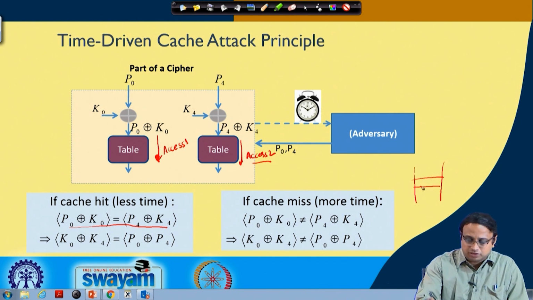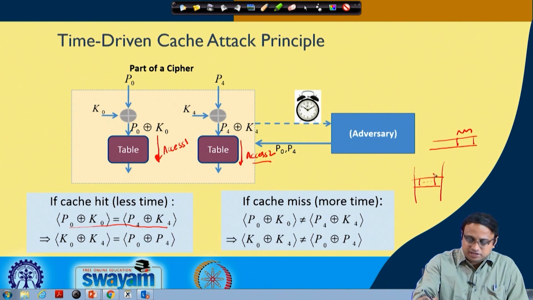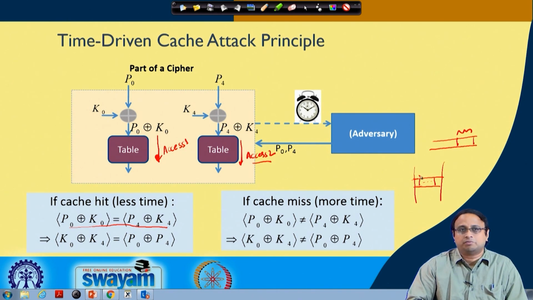Even if I assume that there are multiple values in the cache line, then as I know, in the virtual address, the position in the cache line is essentially understood by the lower significant bits of the virtual address. So let me make an assumption that I am not able to distinguish between the elements which go into a cache line.